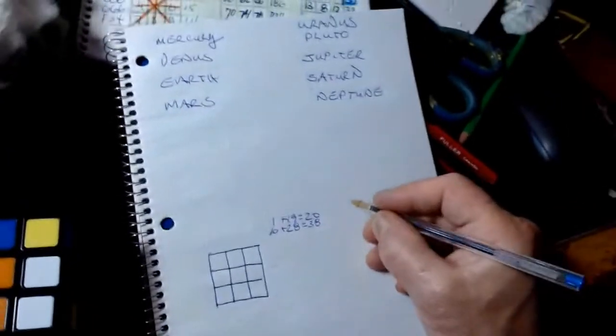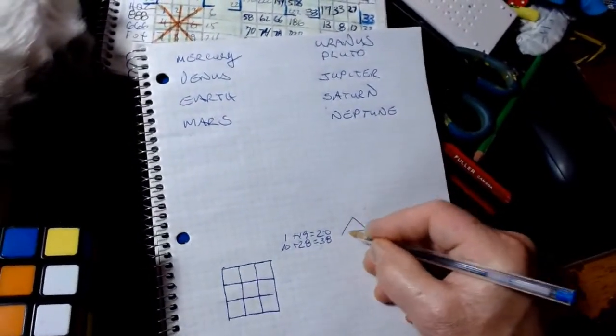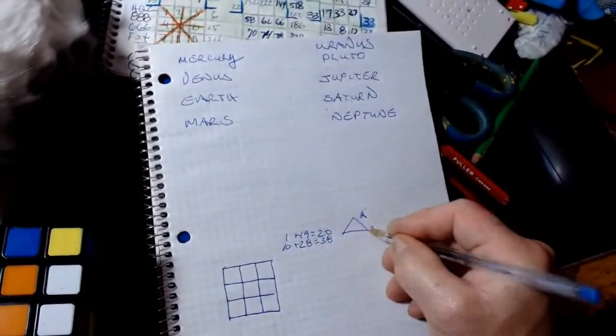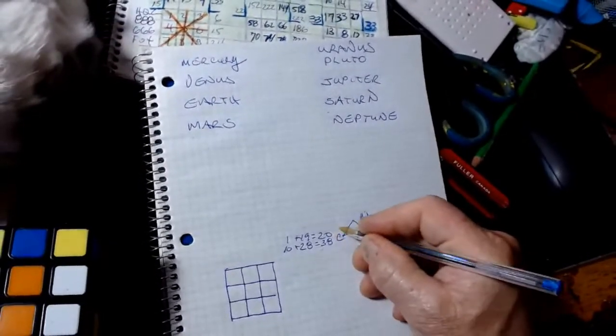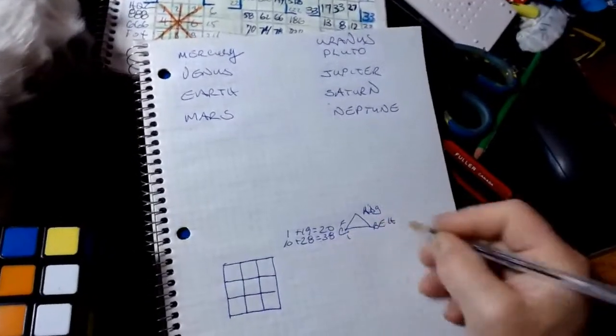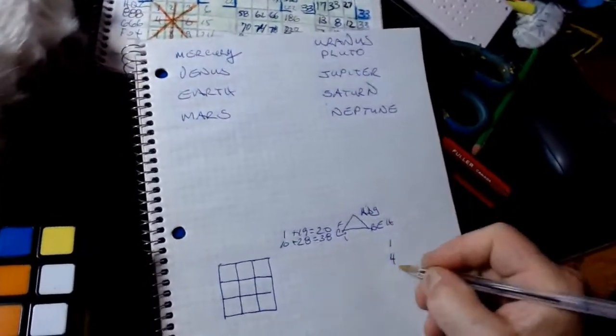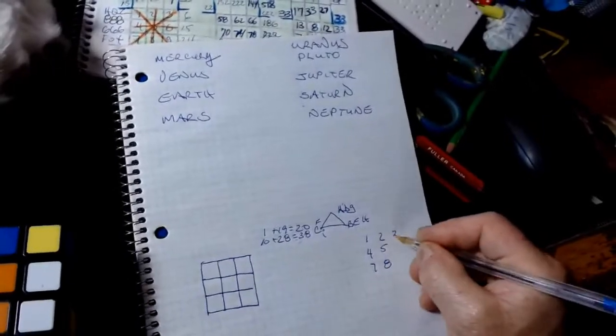Now, the thing is with a triangle, right? I go A, B, C, D, E, F, G, H, I. And that would be 1, 4, 7, 2, 5, 8, 3, 6, 9.